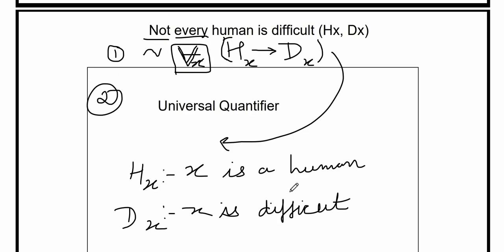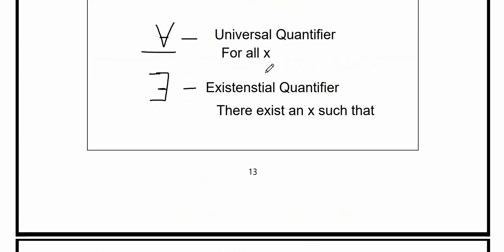X is difficult. This is what you have to write under something called a domain, or you can write as terms also. So we have to tell what is hx and dx. This is what they are telling us to type out. So x is a human, x is difficult. So how do we read this? For the universal we use for all x.